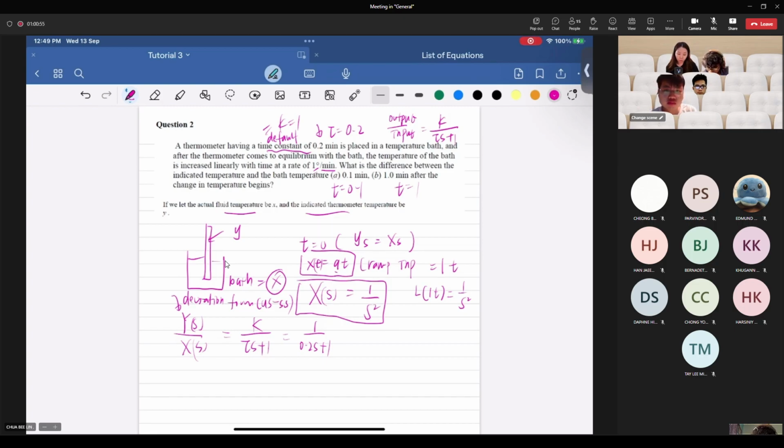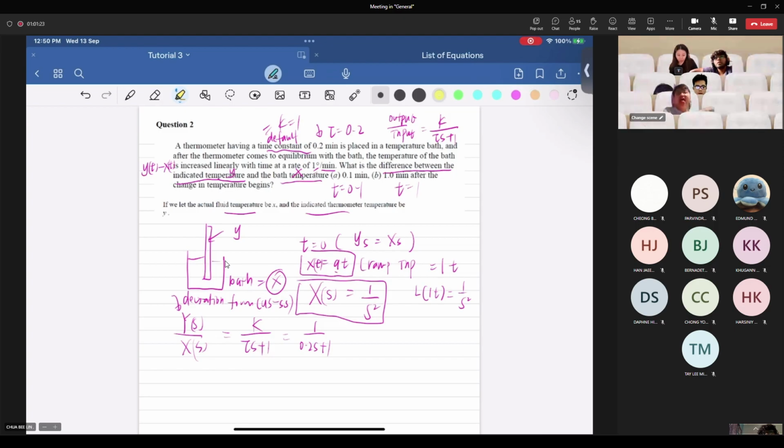From here, they want you to find the difference between the indicated temperature, which is your Y, and the bath temperature, which is your X. So if you change everything to T response, it will be YT minus XT.